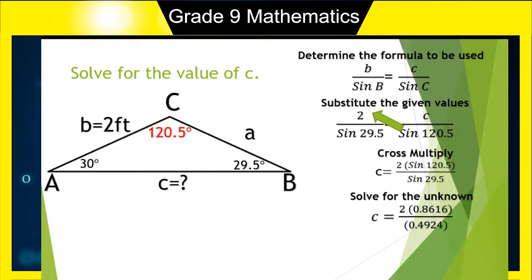Then after that, you solve for the unknown by using your calculator. So 2 times 0.8616 divided by 0.4924 will become 3.5 feet. So therefore, the length of side C is 3.5 feet.